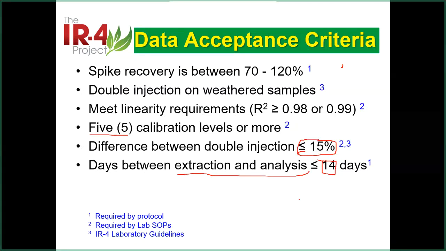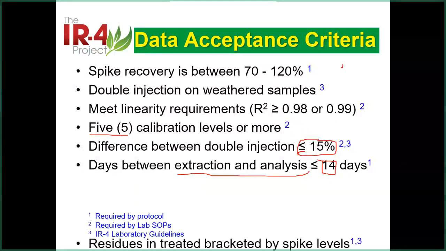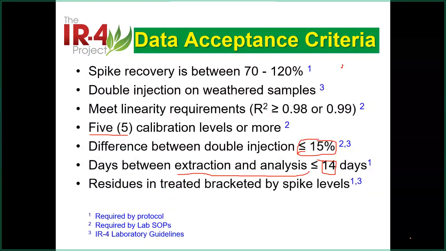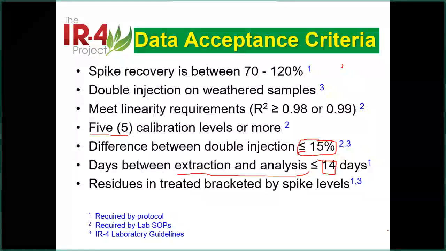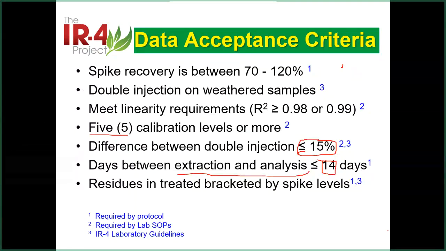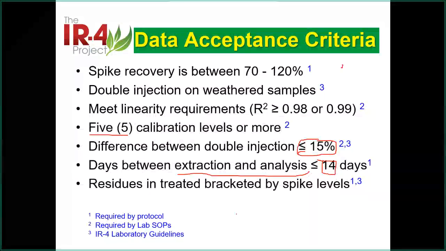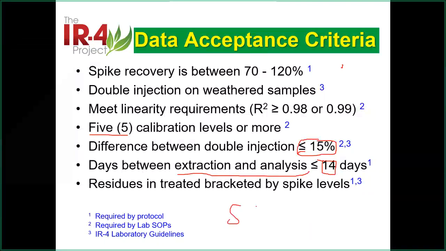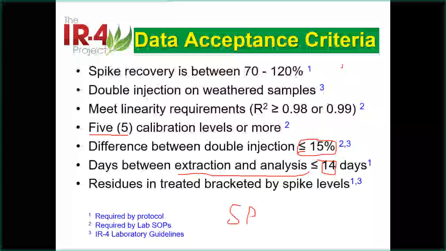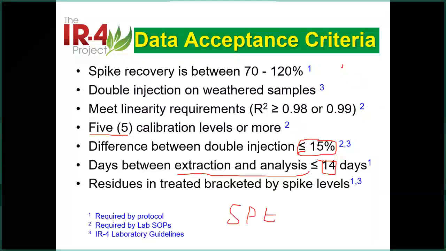Okay, the residue levels. If we have residue levels of 1 ppm, you need to spike at the same level. Make sure this is in your range because nowadays we use more and more SPE or liquid extraction. It may saturate the SPE cartridge, which means the highest number you get may be capped.